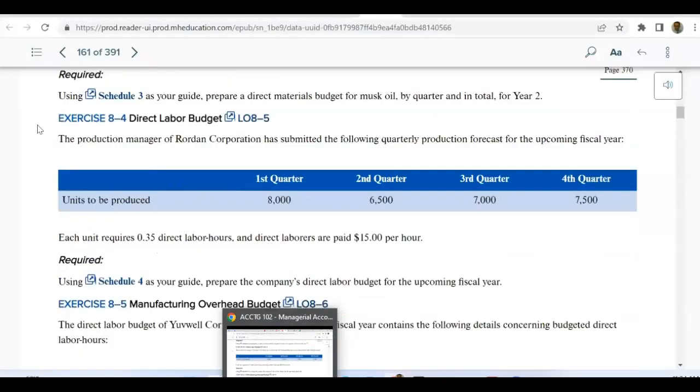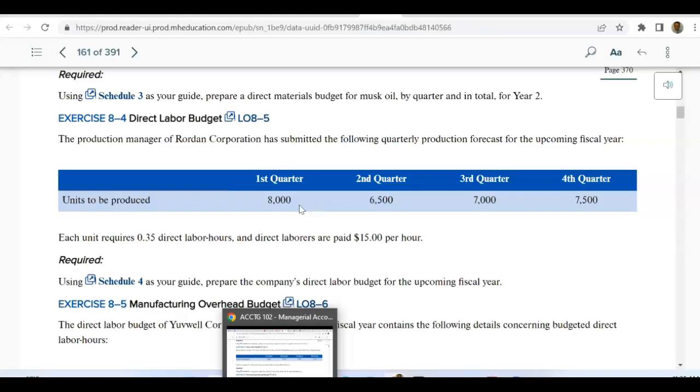Here we go. The production manager has submitted the following quarterly production forecast for the upcoming fiscal year. Remember, one more time, you need to have sales budget. After sales budget, you have production budget. After production budget, then you can create direct material budget, direct labor budget, manufacturing overhead budget. So here is the direct labor budget.